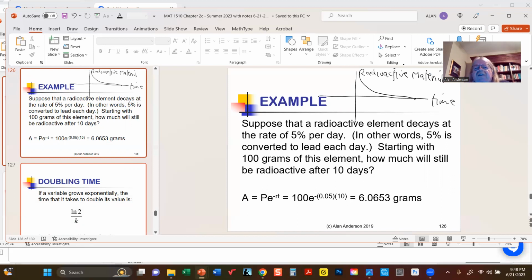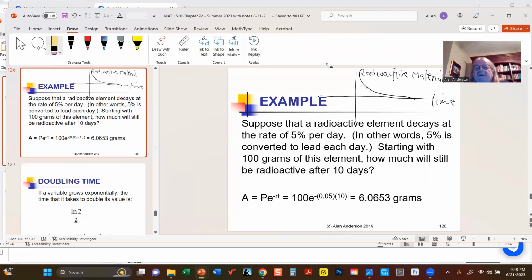I can't let it actually touch the axis because that is an asymptote to this function. In fact, the vertical and the horizontal axis are both asymptotes in this case. And so it falls off very quickly at first, and then it starts to level off. So after 10 days, we're down to 6.0653 grams. But 5% a day is quite a bit. That's why this is happening.